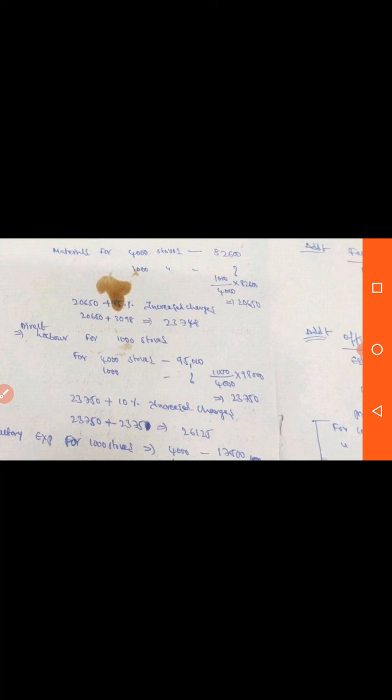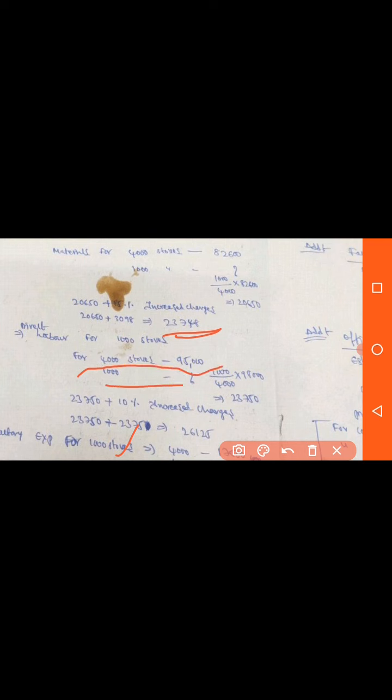So total material cost for production of 1,000 units equals 23,748.